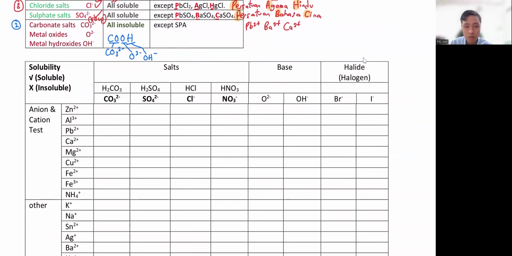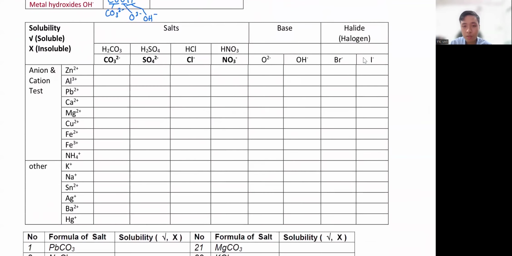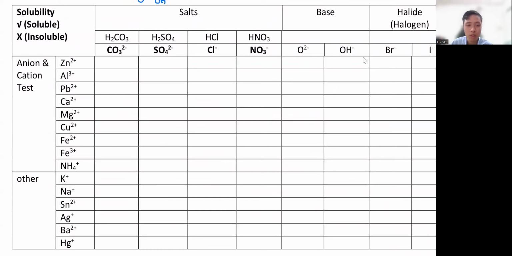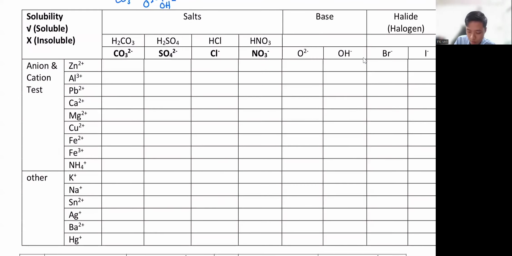Move on. We look one by one, and tick or cross which is soluble and which is insoluble. First of all, we have NO3-, K+, Na+, NH4+.